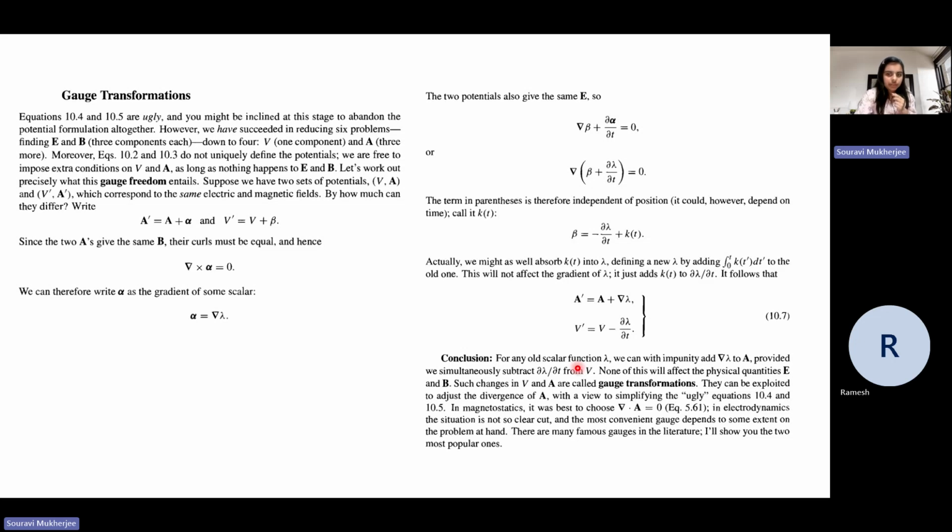This freedom to add these terms is the fundamental idea of gauge transformations.